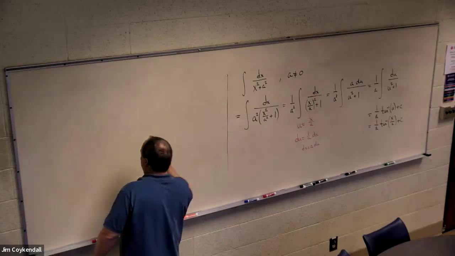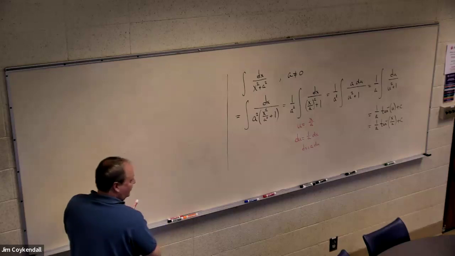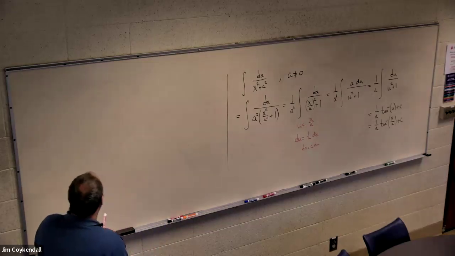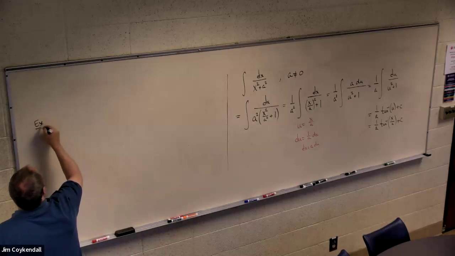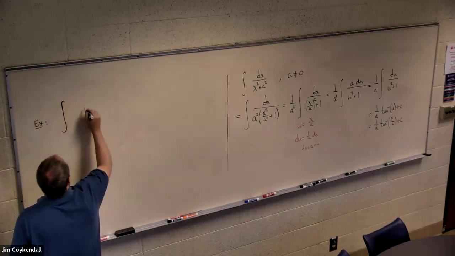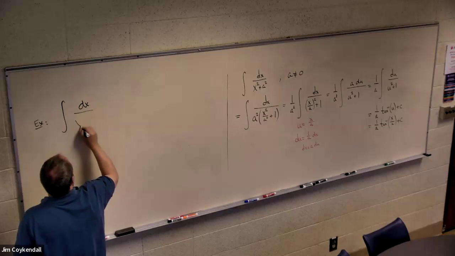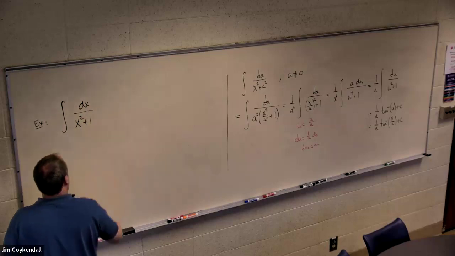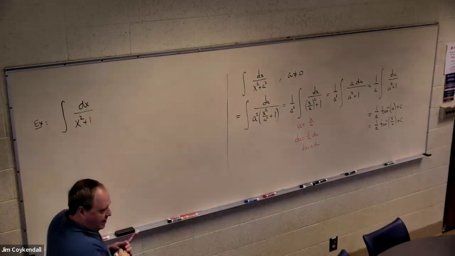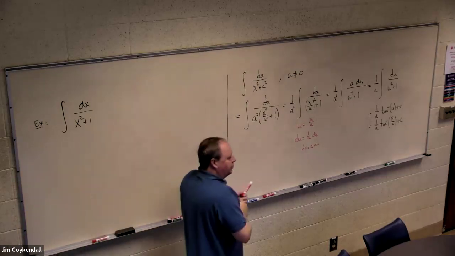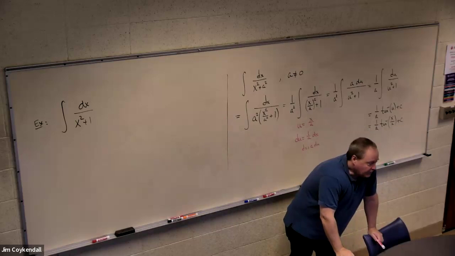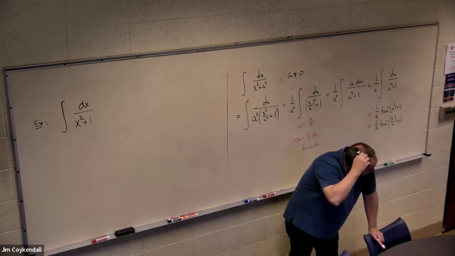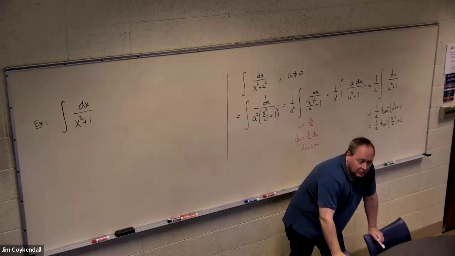Let me illustrate something. This is an example that's a little bit more sophisticated. You don't need to get it right now, so I'm going to do this quickly, but this example is to point out that this is sort of unusual, and this leads into something called trig substitutions that you all will do later.